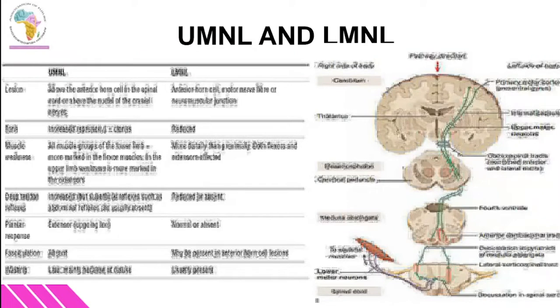Now, to understand the tone, I wish this diagram was visible to make illustrations easier. So to understand how this happens, you find that in upper motor neuron lesions, the tone is increased.